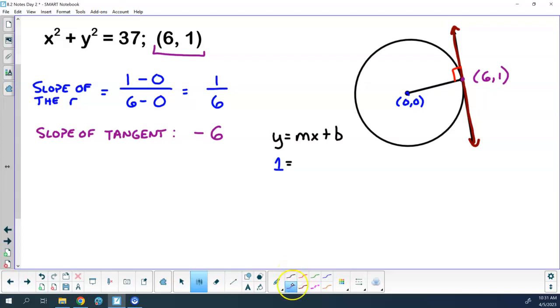For m I use -6, because it's the slope of that line. For x, 6. And I don't have b. -6 times 6 is -36. So 1 equals -36 plus b. What's b? 37.